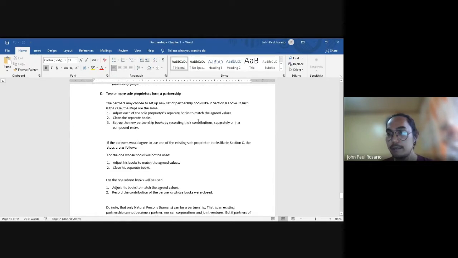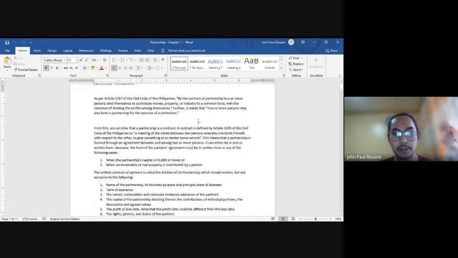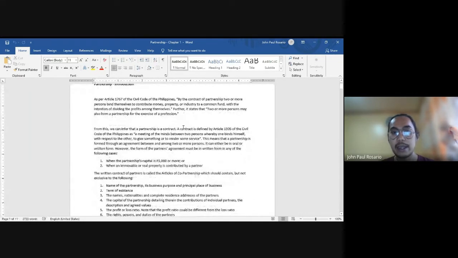So here we are. The document covers the partnership definition. And as you can see, partnerships can be formed either orally or through a written contract. But there are instances wherein partnership agreements should be in a written contract for it to be valid.